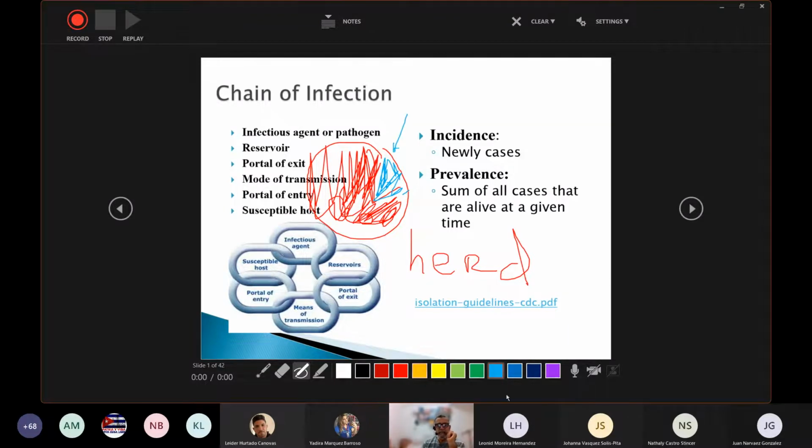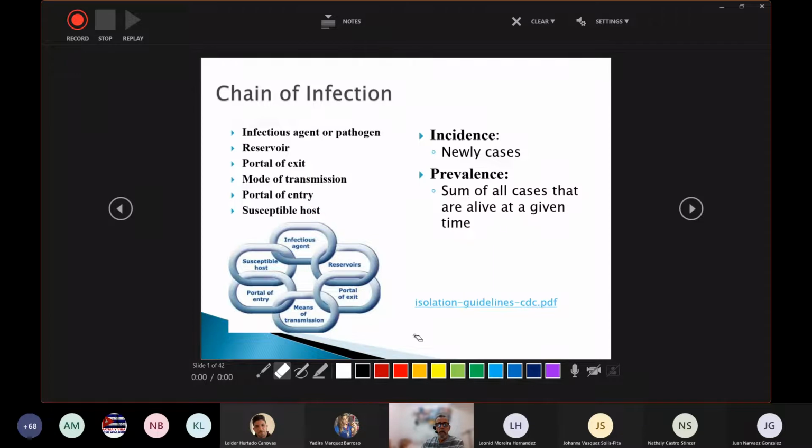Why? Because the disease is not circulating. Why is it not circulating? Because everybody is immune. The majority is immune. So it is said that when a percentage of the population is already immune, the people that are not immune are protected.